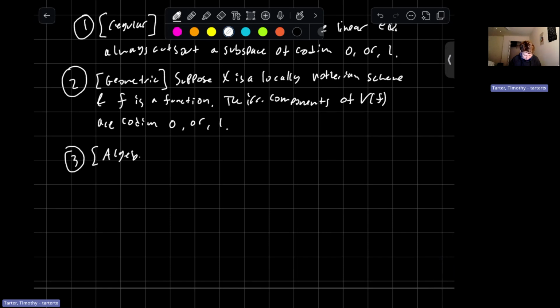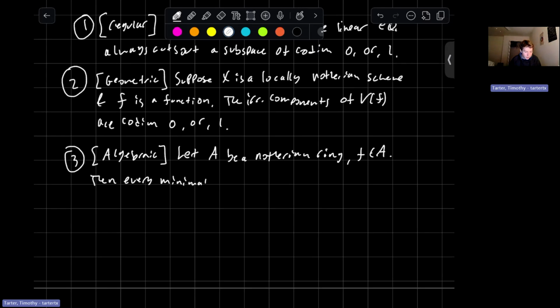And then finally, the algebraic version of this is that let A be a Noetherian ring, let F in A. Then every minimal prime P containing F has codimension at most 1.